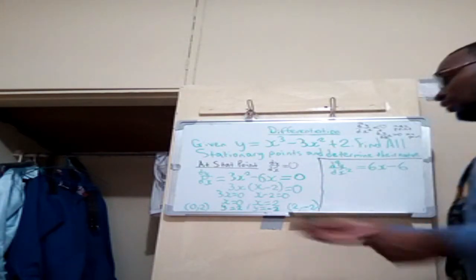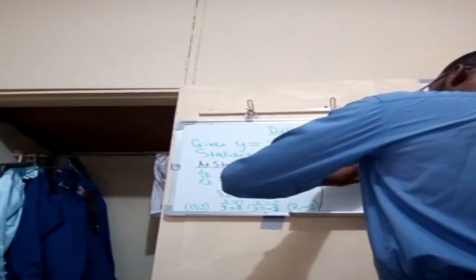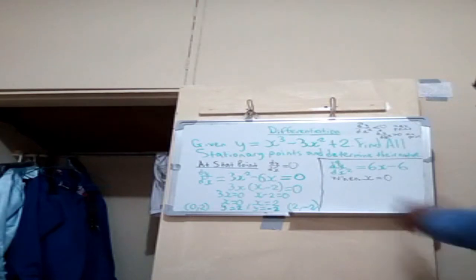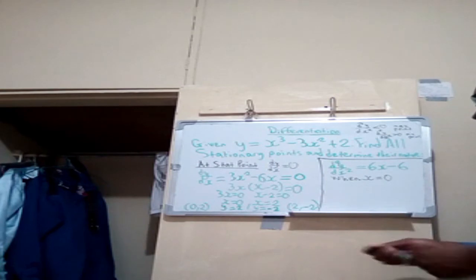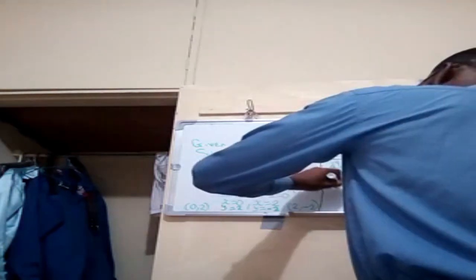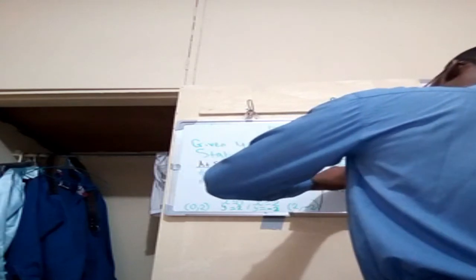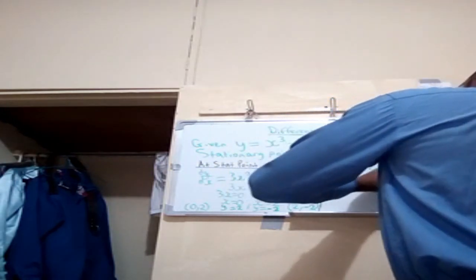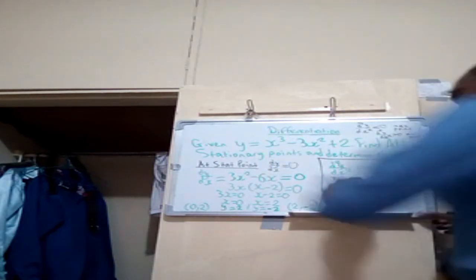Now, when x equals 0, what happens? The second derivative is equal to 6 times 0 minus 6, which is negative 6. And so what happens at this point?